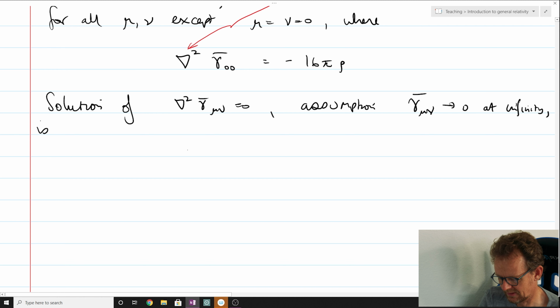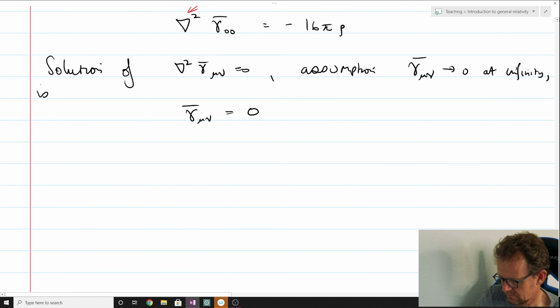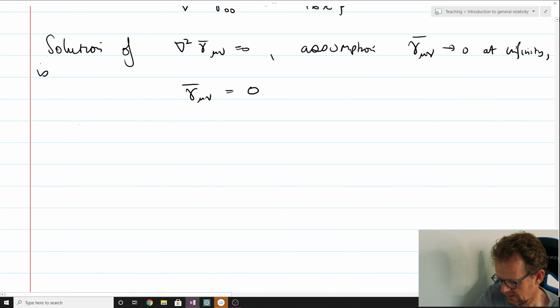There's not many solutions that have that property of Laplace's equation. Namely, the metric components themselves have to vanish. It's pretty much the only way you can get it to work. And now we can use this information and further solve the final Poisson equation.